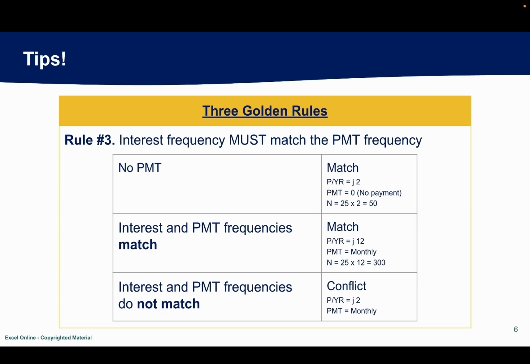In this situation, when the interest compounding and payment frequencies do not match, we have to turn the 10% J2 rate into a rate that is J12. Using the idea that we learned from the last slide, we need to find the equivalent rate of a 10% J2 rate in a J12 form.